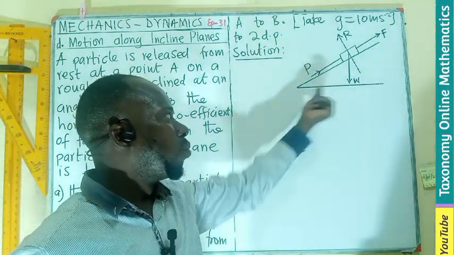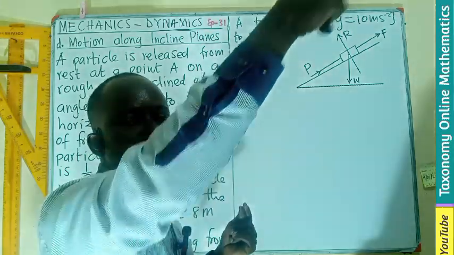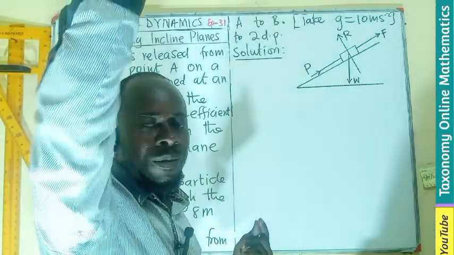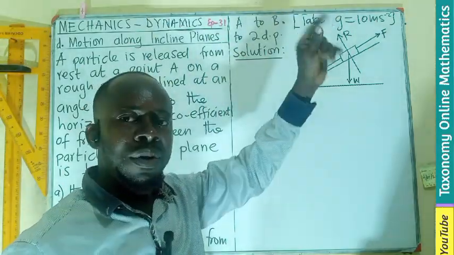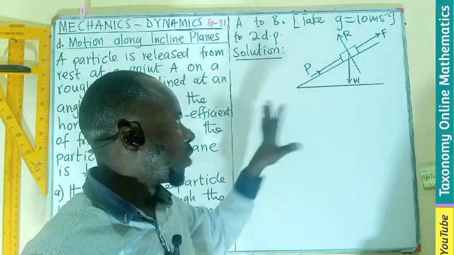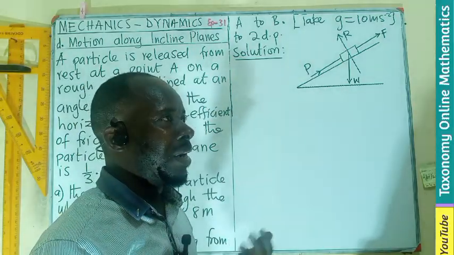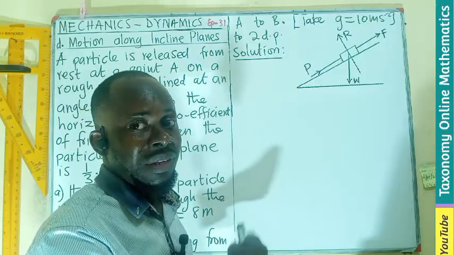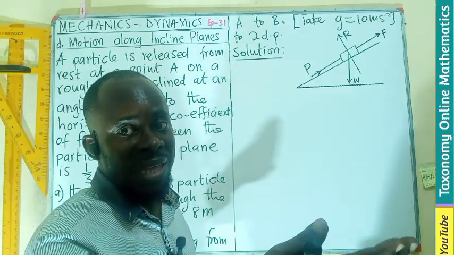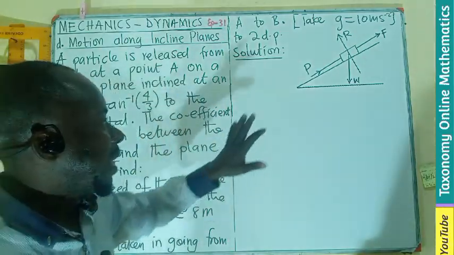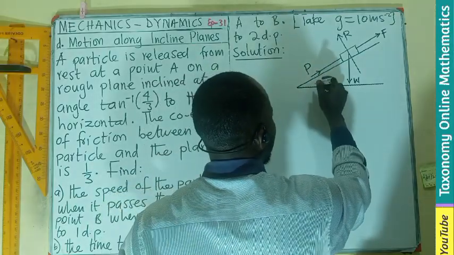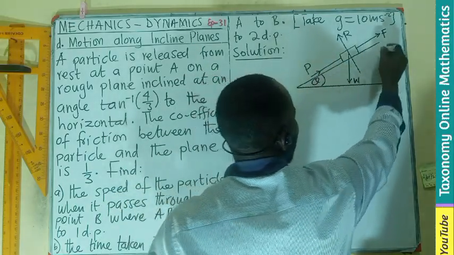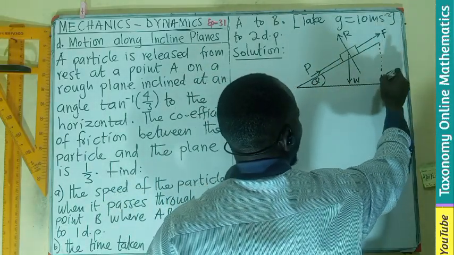If the body begins to move down, then the frictional force begins to move up. If the body begins to move up, the frictional force begins to move down. But already the force of gravity acting on the body in the downward movement is mg sine theta.